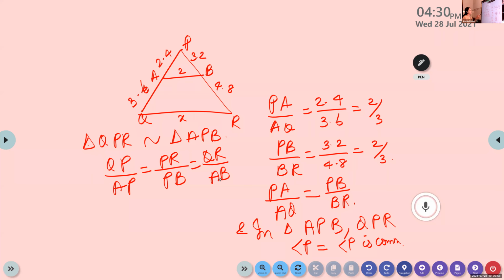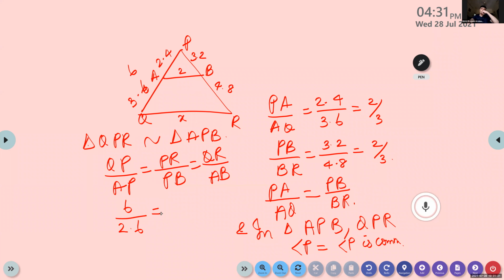Okay, what is the value of QP? If you add this, you will get QP, isn't it? It is 6. 6 by AP. AP is 2.4. QP by AP is equal to PR.